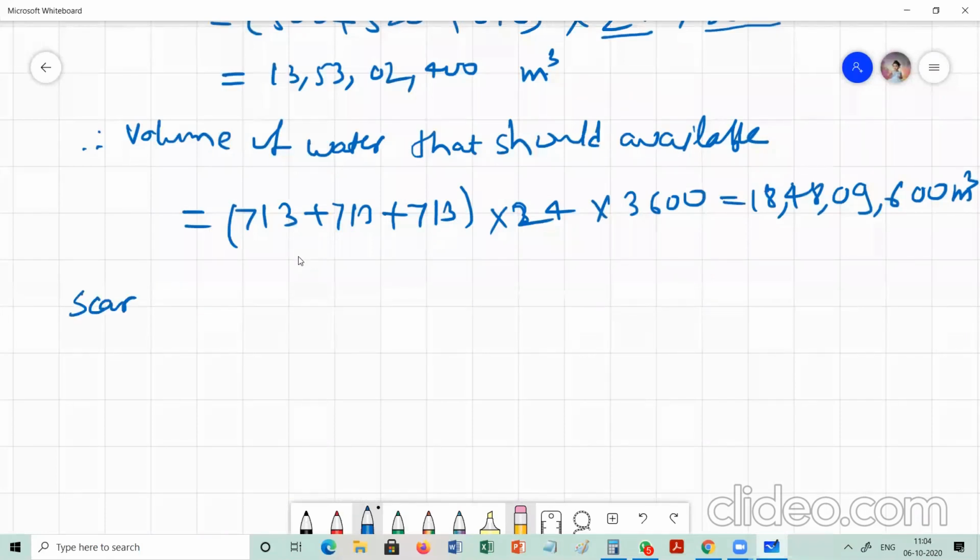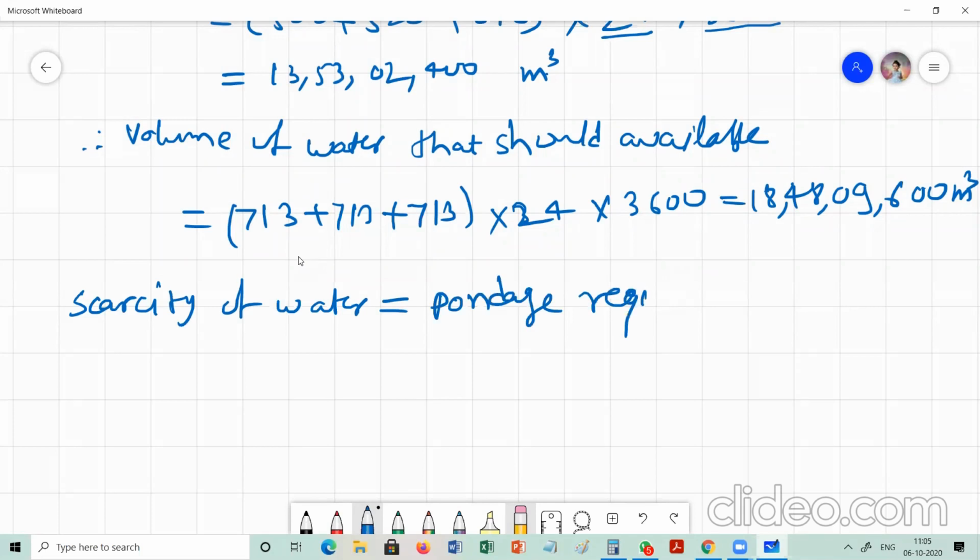So the scarcity will be how much water is less, and that should be provided by the pondage. The scarcity of water is equal to the pondage required. Therefore the pondage required will be the difference between these two numbers.